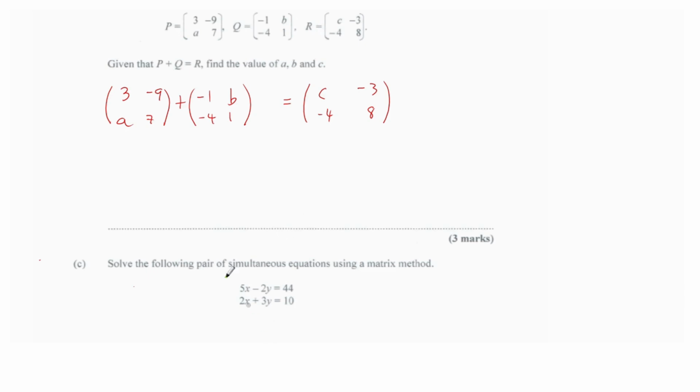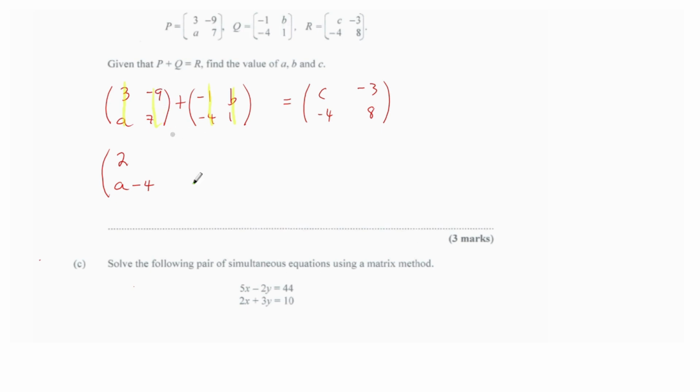Well, step 1, you need to note that this column is added to this column. Therefore, we have 3 plus minus 1, and that's 2. Then we have A plus minus 4, so it's A minus 4. The next step is to add this column with this column.